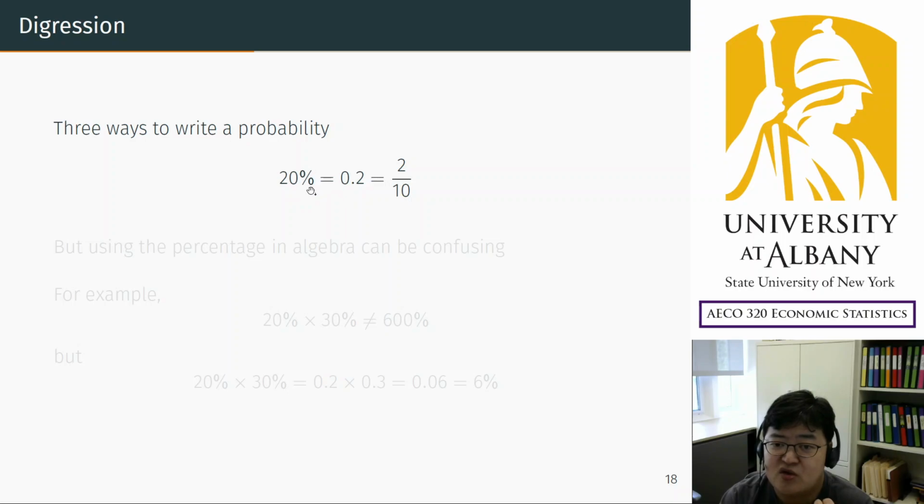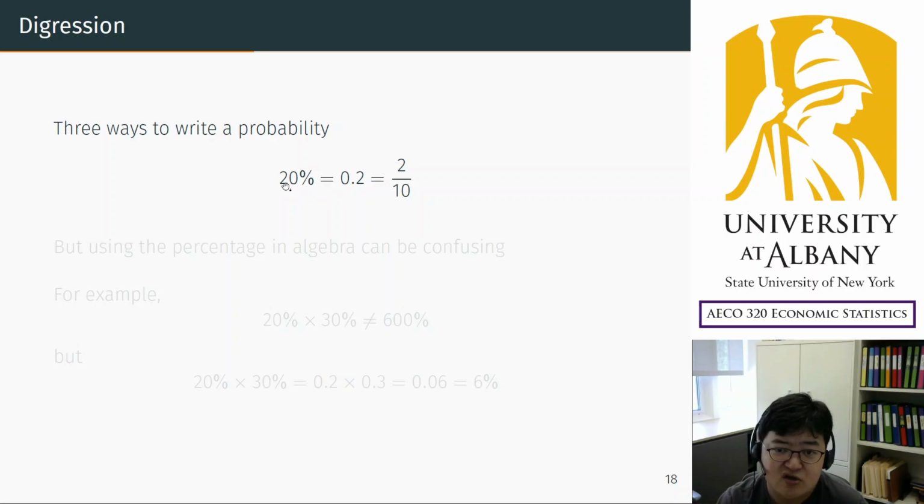We are going to use percent as if it's a unit for probability, but it doesn't need to be a probability unit. Say, interest rate and inflation rate are calculated in percent, right? Percentage. So it doesn't need to be a probability unit.